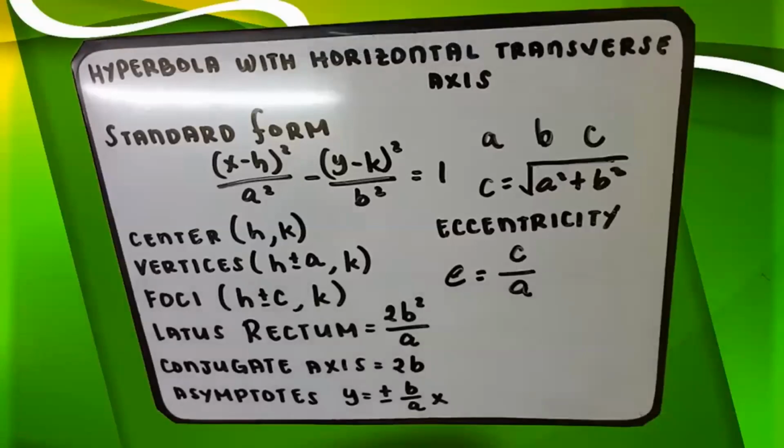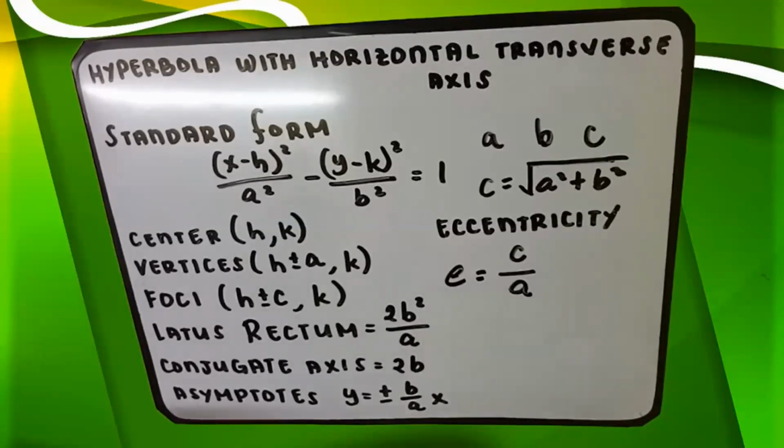So ngayon, since we are only talking about horizontal transverse axis, ito yung gagamitin natin. So nakasulat naman yun sa board. Pero kung gagawin natin siyang vertical transverse axis, may pagkakaiba sa pagkuha ng mga yan.